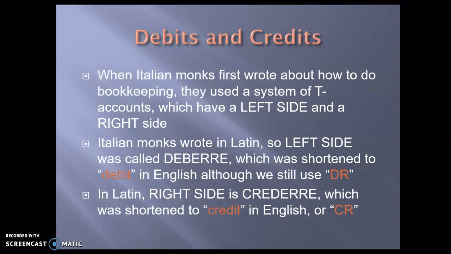Another shortened version is DR for debit, even though the English word debit doesn't have an R on it. The DR goes all the way back to debere. And CR for credit is a shortened version for that.